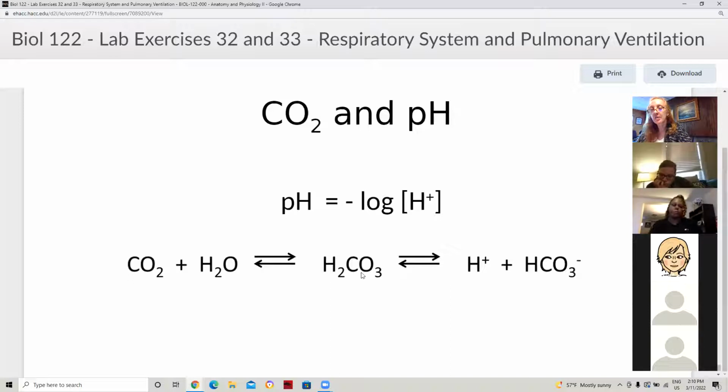Carbonic acid breaks down into hydrogen ions and bicarbonate. Hydrogen ions, remember, that's how you measure pH. And therefore, the more carbon dioxide you have in your body, the more acidic your body is. Does that make sense?